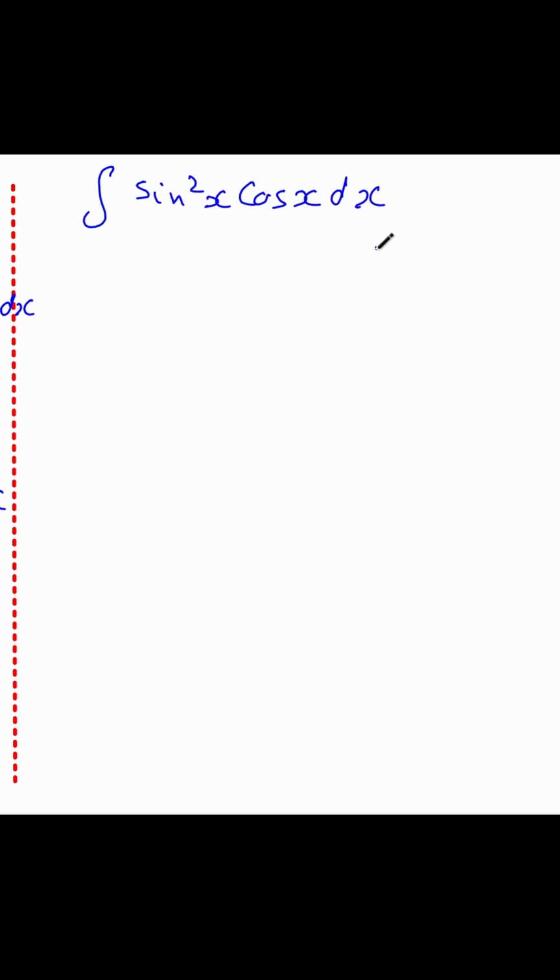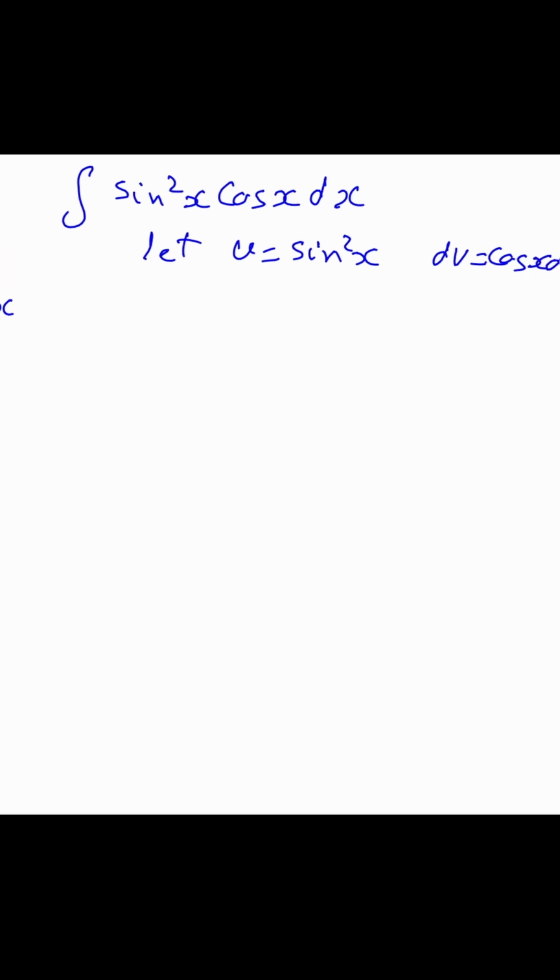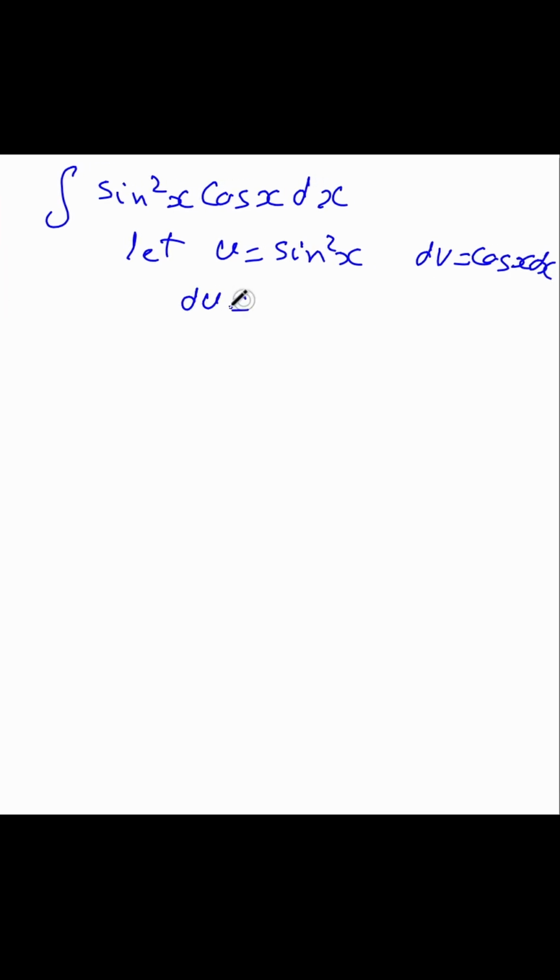So let's do the same thing, integration by parts. We say let u equals sine squared x and dv equals the left over cosine x dx. So du, to differentiate this one, we say 2 sine x cosine x, and v, the integral of cosine, is sine.